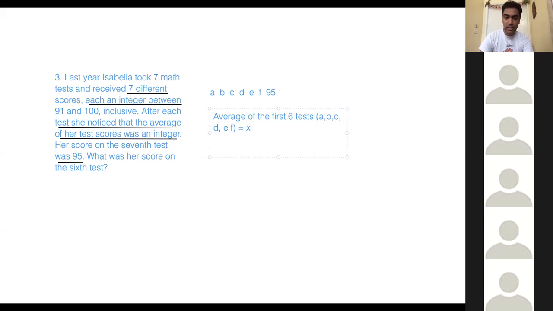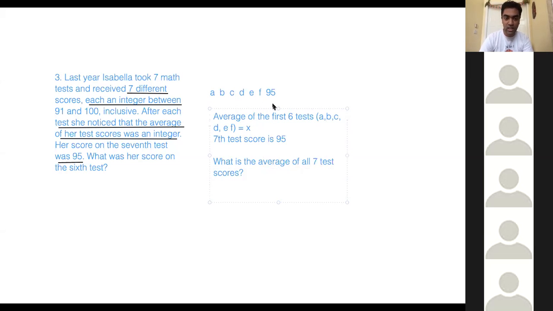And we know that the 7th test score is 95. So what is the average of all 7 test scores, given this information? Any ideas? We're saying the average of A, B, C, D, E, F is some x. We don't know what that is yet. We want to figure out what it could be.